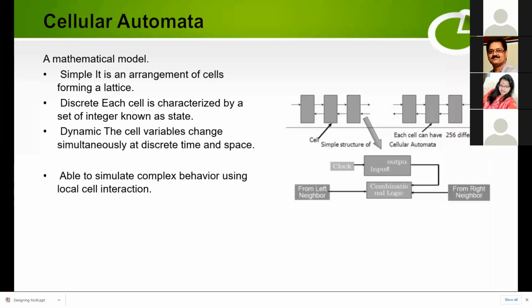And cells locally interact with each other based on neighborhood dependencies, and it simulates behavior of nature using this local cell interaction, and this thing makes it interesting to researchers.